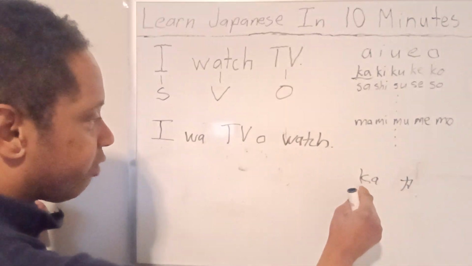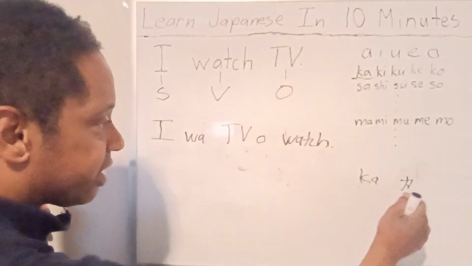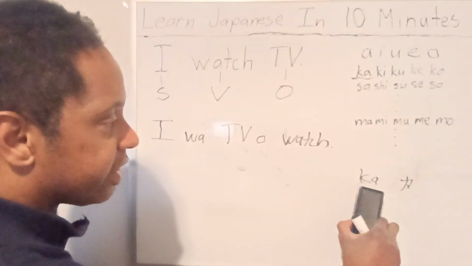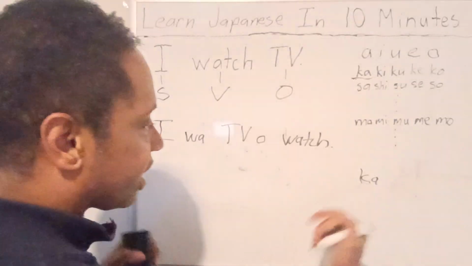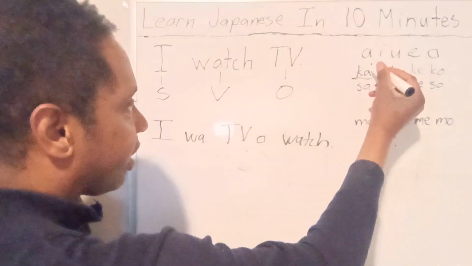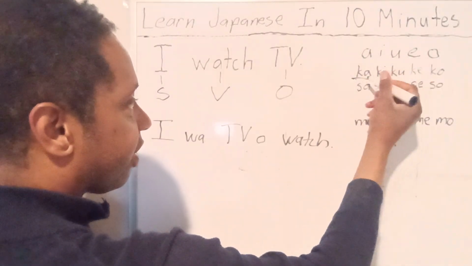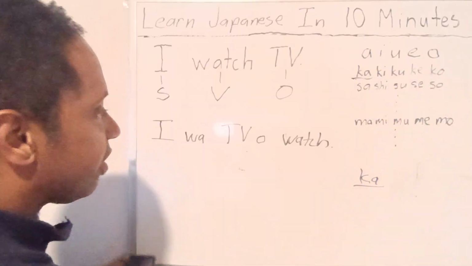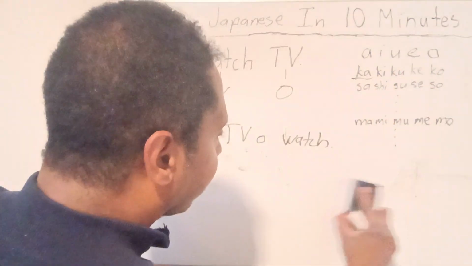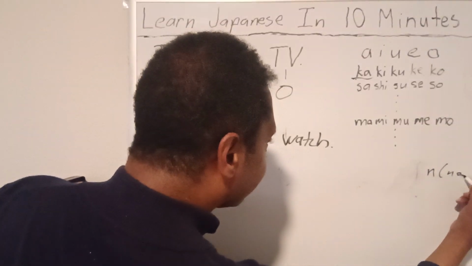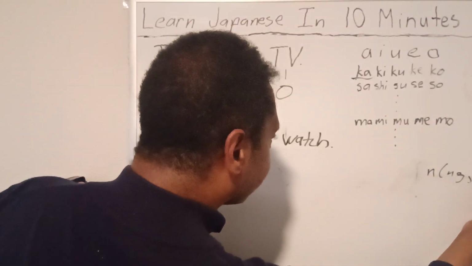We write out K-A, but they just have ka. So remember, when you see this, it's one letter. A, I, U, E, O, that's 5 letters. A, I, U, E, O, and ka, ki, ku, ke, ko, etc. And of course you have N, G, and M.